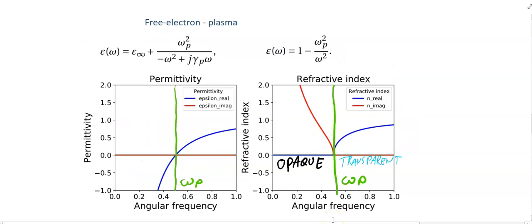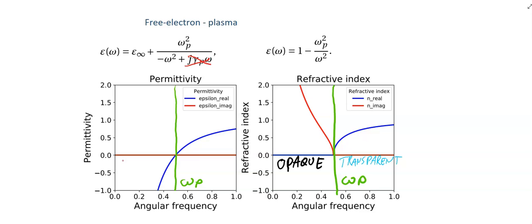If the carriers have no damping, which is the case in dilute ionized gases such as plasmas, where we neglect the damping, in this case the imaginary part of permittivity is absent and its value is negative below the plasma resonance wavelength.